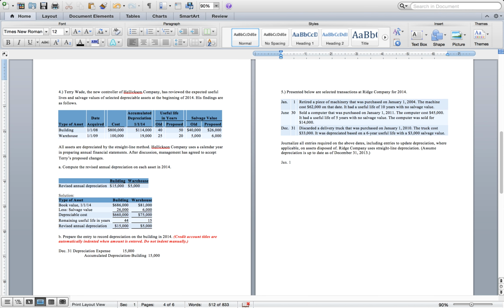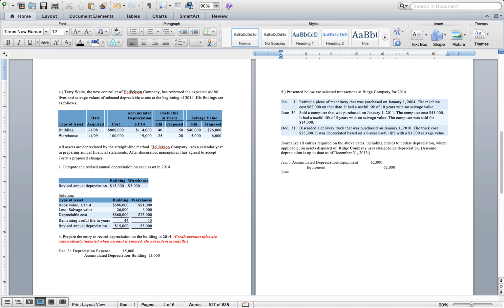If it's fully depreciated, no salvage value, you just want to debit accumulated depreciation for equipment for $62,000. And now, because you retired it, you want to credit the asset to get it off your books. You credit for how much you bought it for, the cost, which is $62,000.